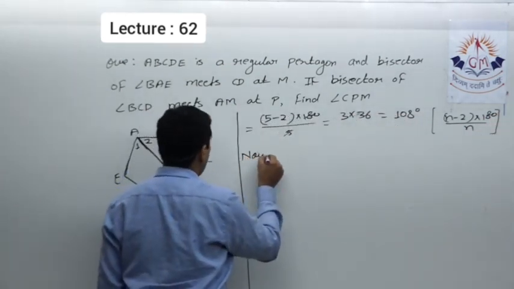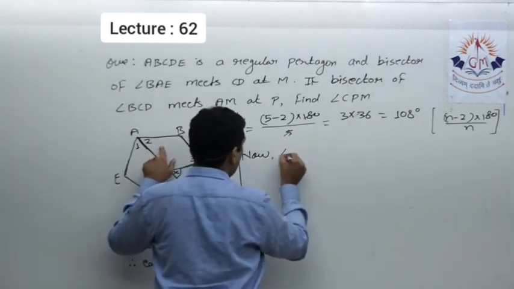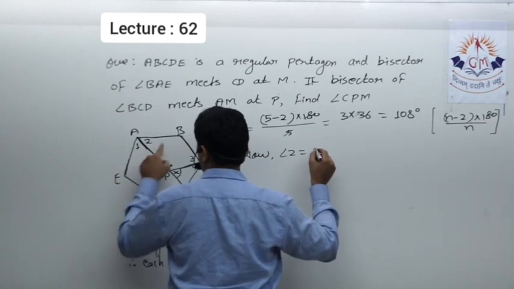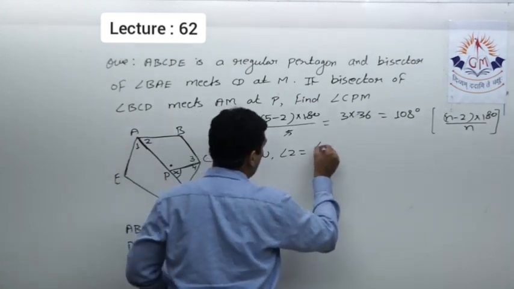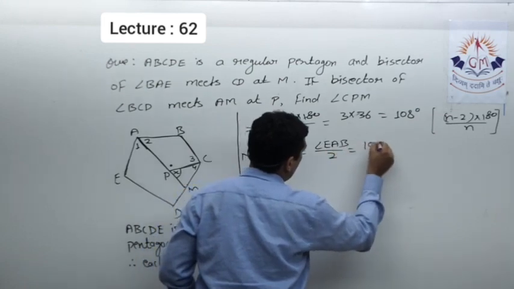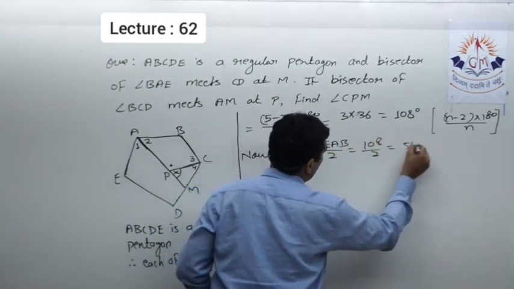Now angle 2 is equal to angle EAB by 2, that is 108 by 2, that is 54.